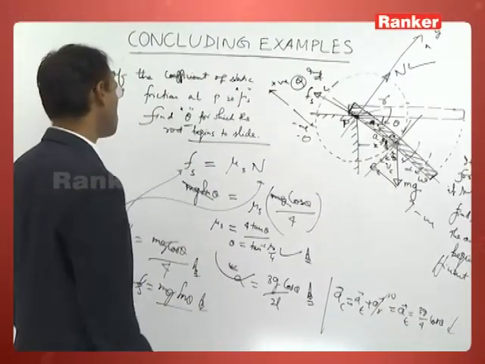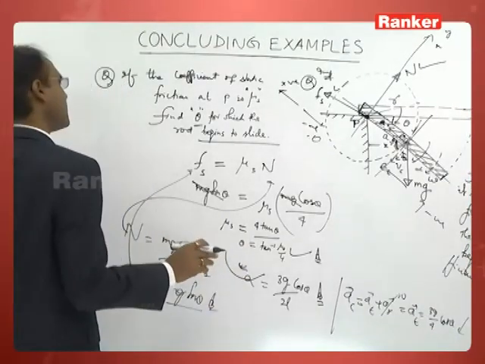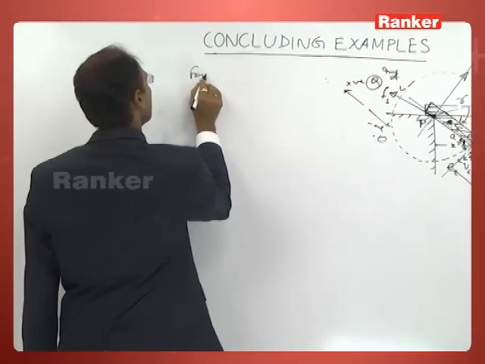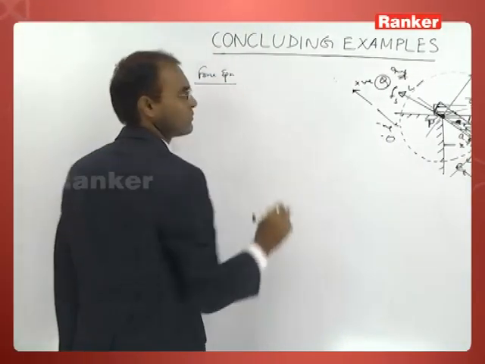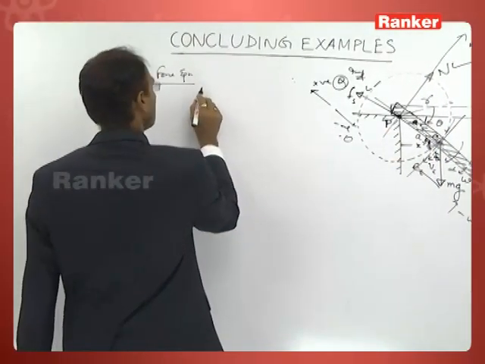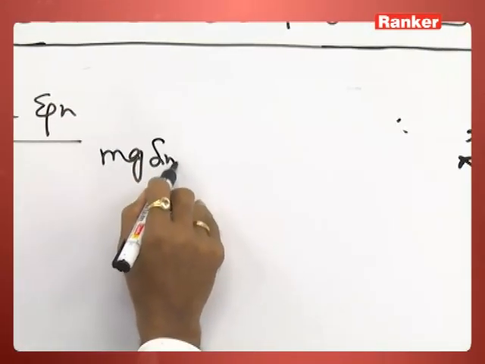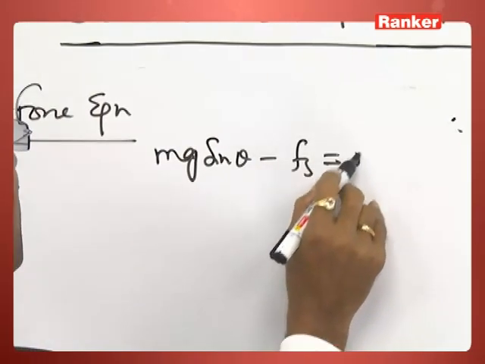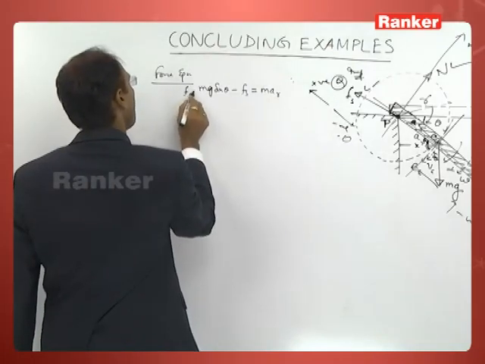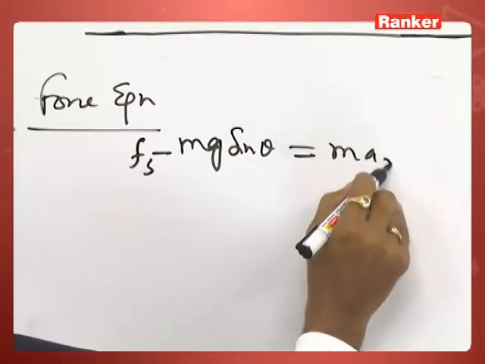For this, you just have to write the equations. What are the changes in the equations? I will tell you. Force equation, there is no change. mg sin theta minus Fs is equal to m into AR, or Fs minus mg sin theta is equal to m into AR.